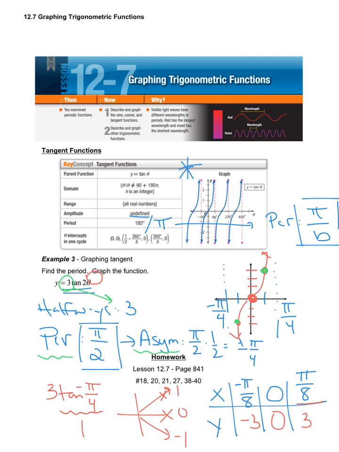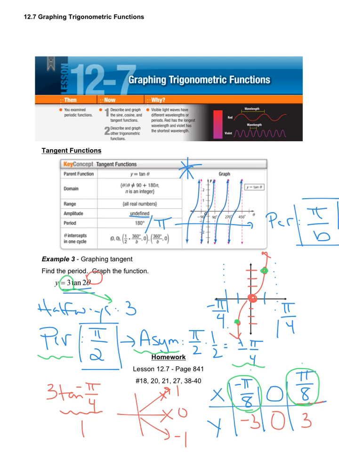Then you want to take your period, multiply it by a half to get the location of your asymptotes. Once you have the location of your asymptotes, you want to figure out how far the center of your graph is from those asymptotes. On today's graphs, the center should always be 0.